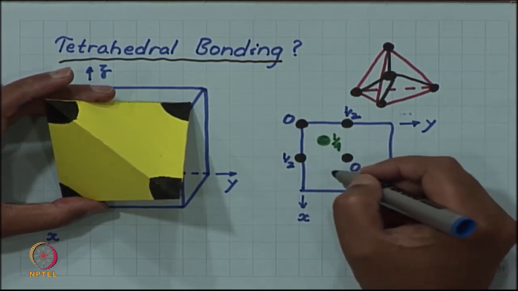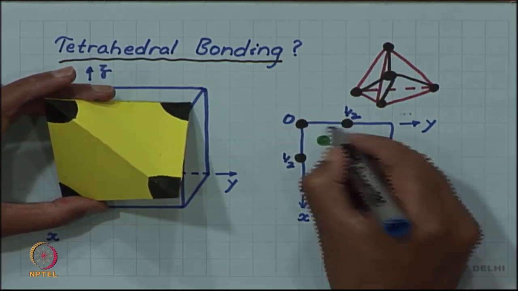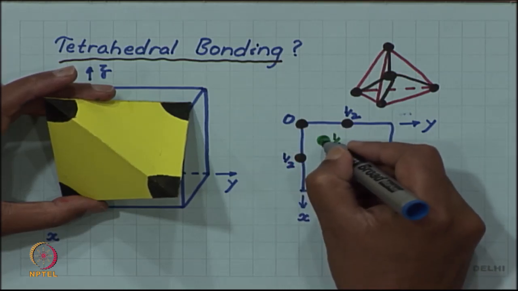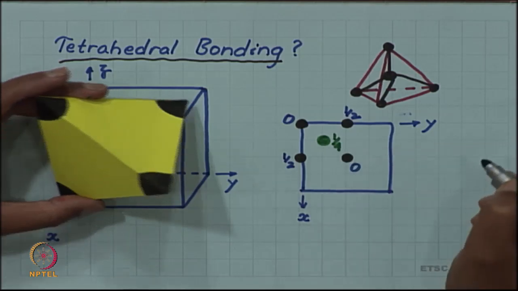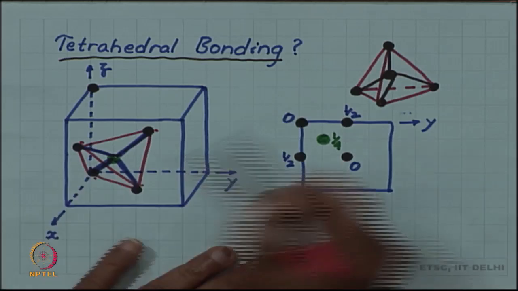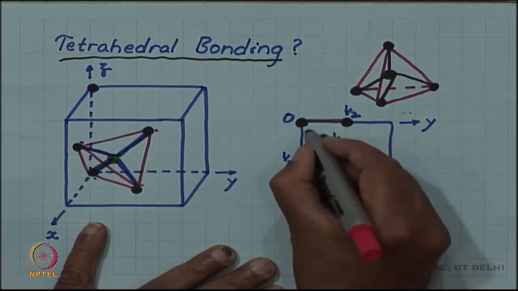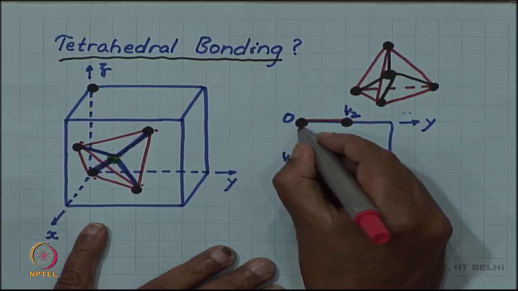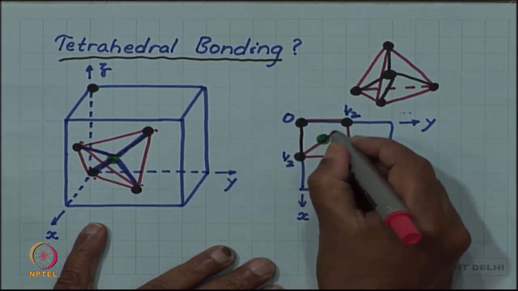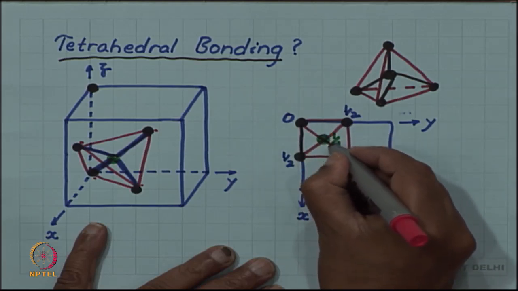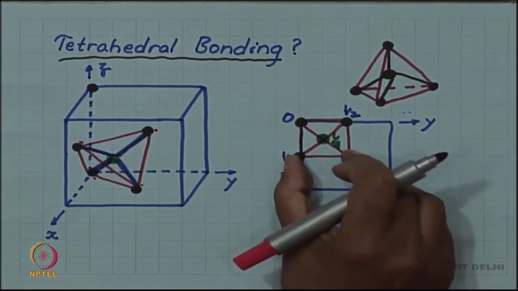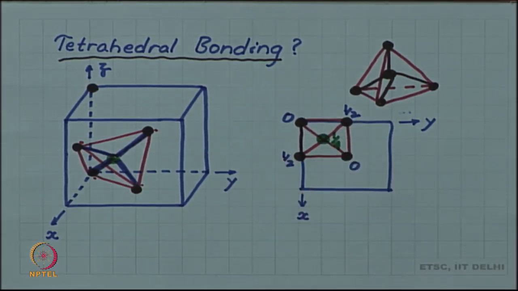So, that is what is forming a tetrahedron. These 4 black atoms are forming the tetrahedron, and this 1/4 atom is at the centroid of the tetrahedron. If I outline it in red, the projected tetrahedron will look like a square like this with the green atom in the center.